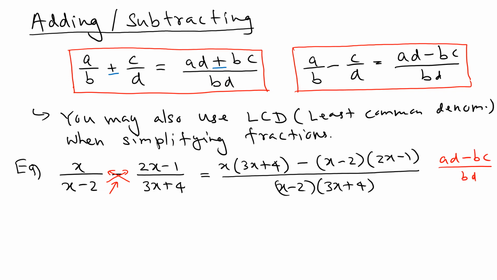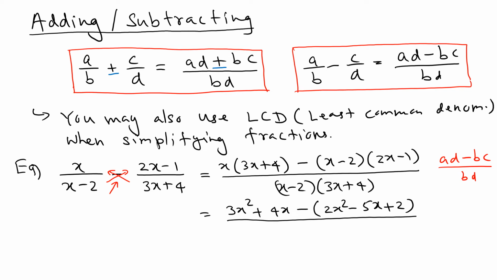Good. Now what we can do is distribute the top. If you distribute the top, you're going to get 3x squared plus 4x minus, and then you have here 2x squared minus 5x plus 2. You can use FOIL to get this answer, and then divided by, we can leave it like that, x minus 2 times 3x plus 4.